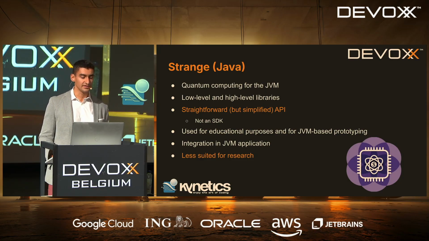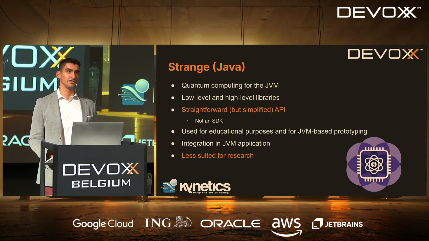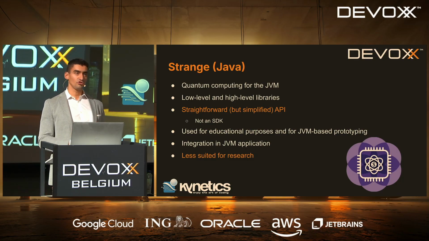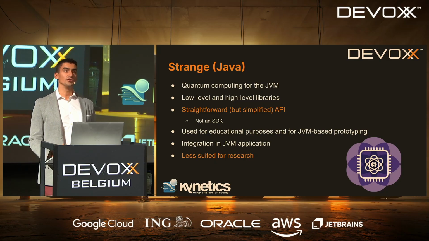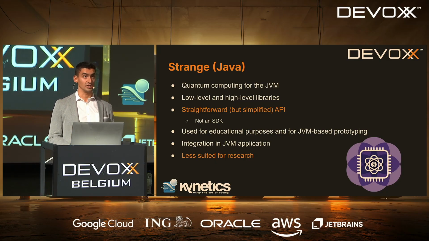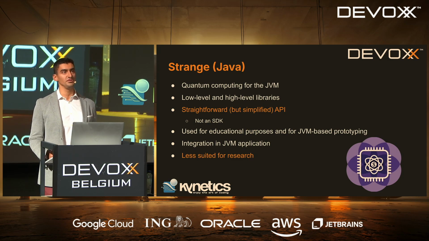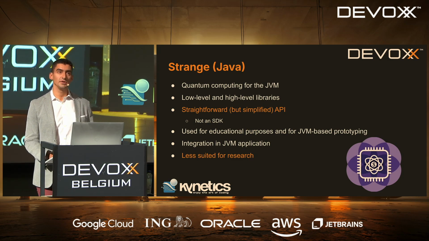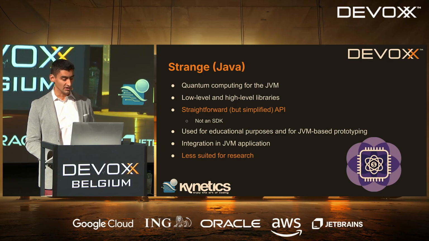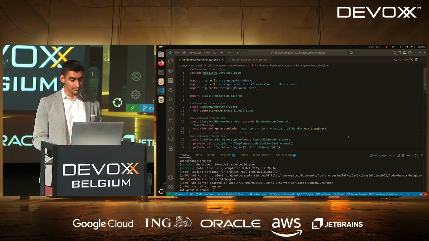And it's very nice. For research, I think it's still a bit immature. There are some things that are left out, for example, noise modeling, which makes Strange less suited to trying to optimize quantum algorithms or to prepare quantum algorithms to be run on real-world hardware. But still, for educational purposes, if you don't have any quantum background, Strange is very useful, and it's a very good library. So we'll look at some code.